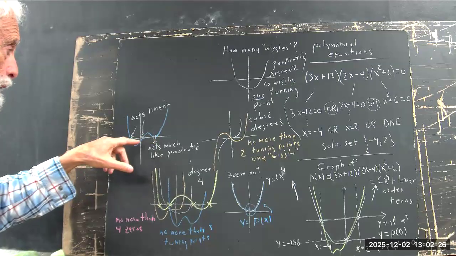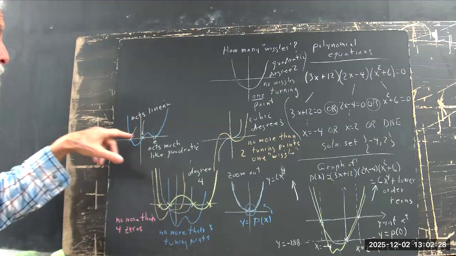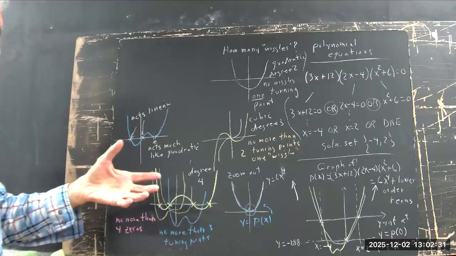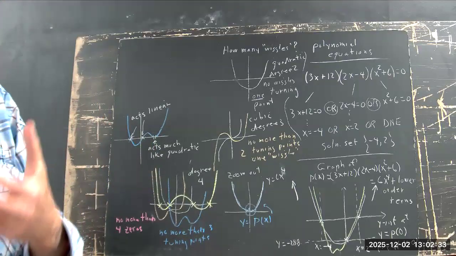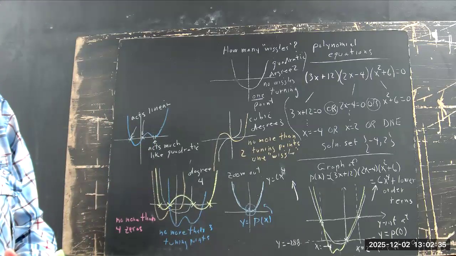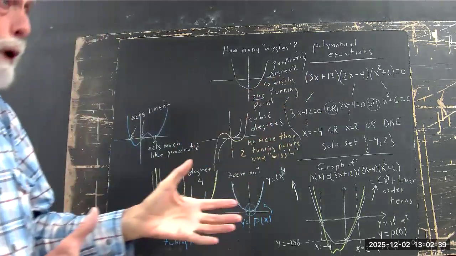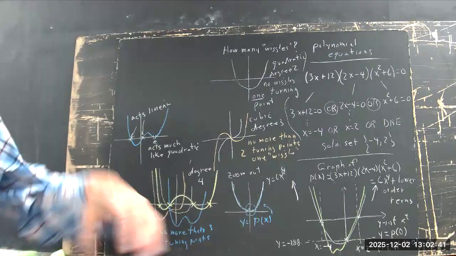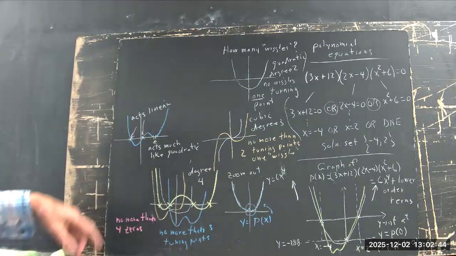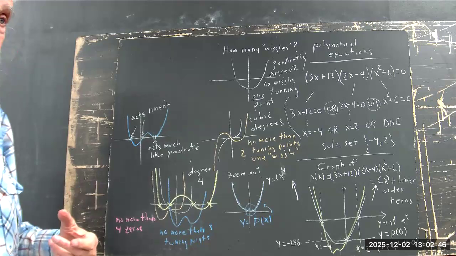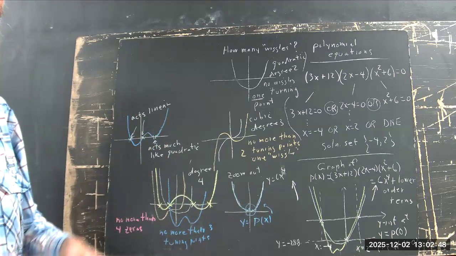Whether it acts like a quadratic or linear at a zero depends on the degree of the factor. If we had a 3x plus 12 squared factor in a polynomial somewhere, then at x equals -4 we would have a quadratic zero.